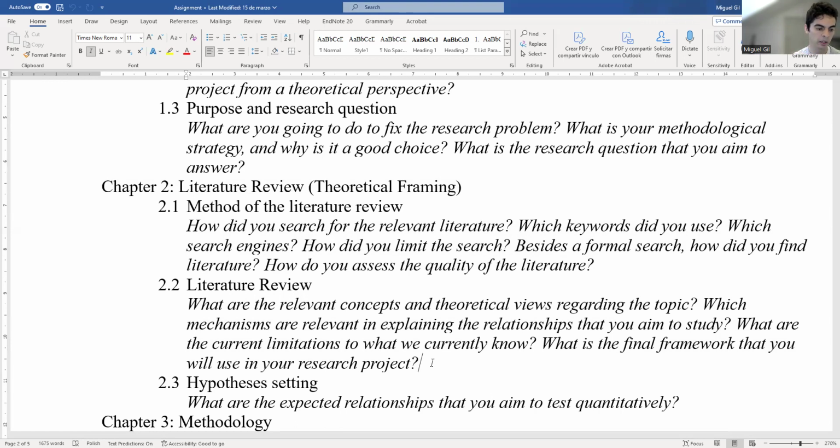So maybe pressure is one common theme that you find in the literature, and another common theme is maybe the budgeting or balancing between the need to work and study. So try to find 3 or 4 themes and discuss them.